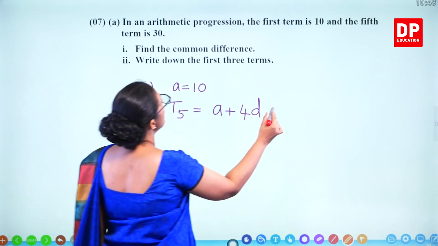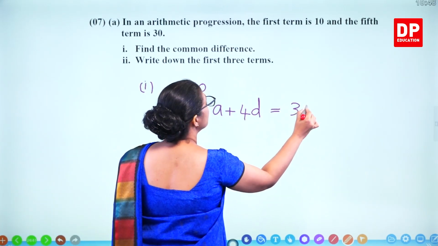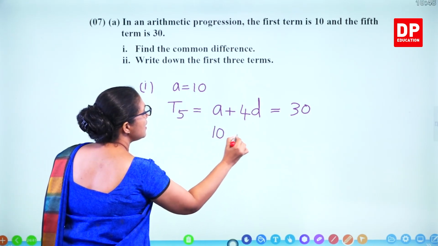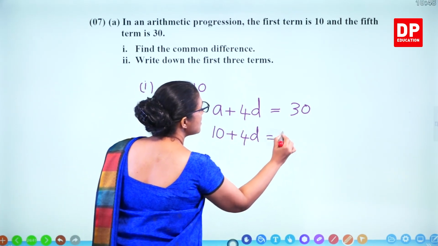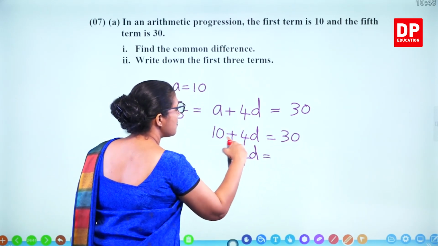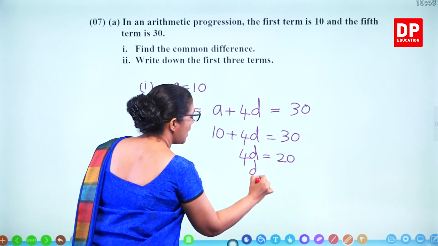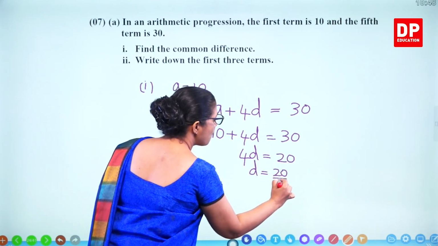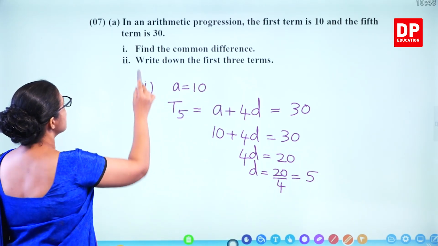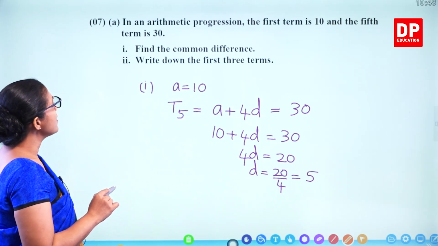So that's given 30. Now substitute A. 10 plus 4D equals 30. Take 10 to the other side, 4D becomes 30 minus 10, 20, and D is 20 divided by 4, that's 5. Common difference is 5.